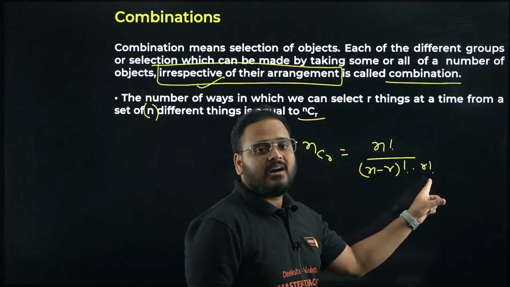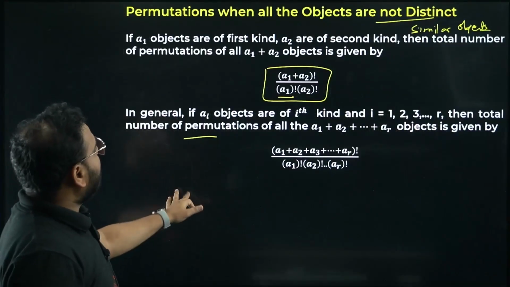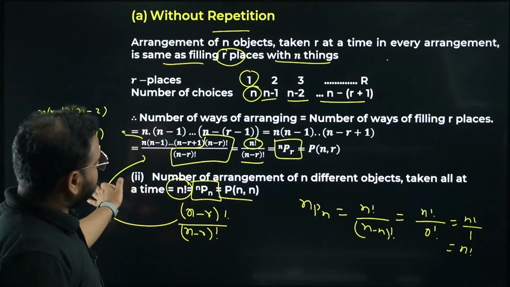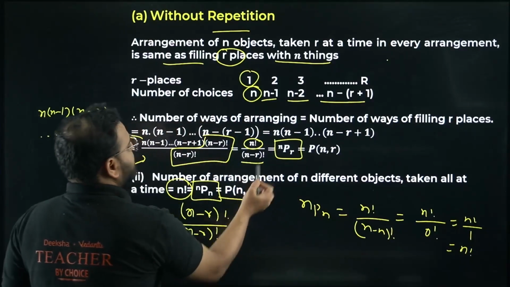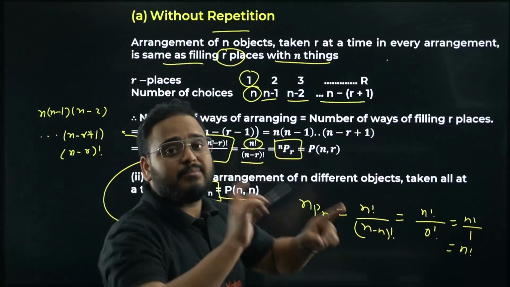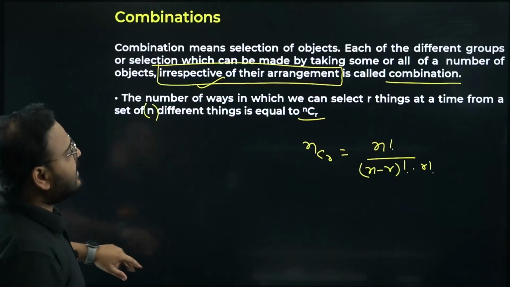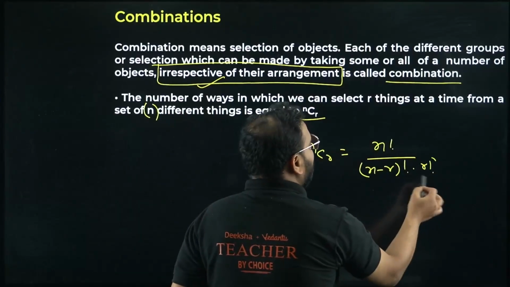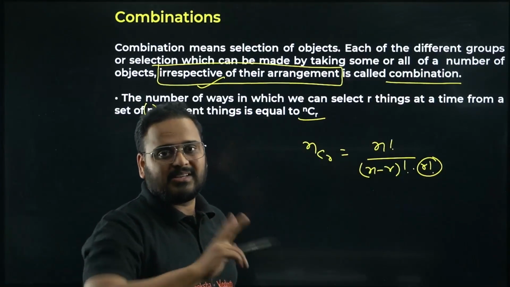In the case of permutation, we had nPr, right? Please check, n factorial upon (n minus r) factorial over here. But in that case, we had to include the arrangements also. That's why it was not divided by r factorial. But in this case of combination, we have divided by r factorial because we are leaving out the number of ways to arrange these.